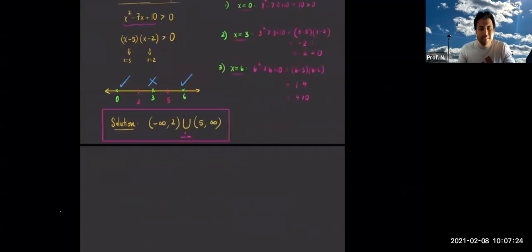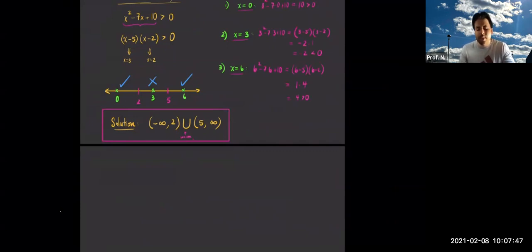When do you use the upside down U? Saida, we use it when we have what's called an intersection. For the most part, in this class, we're not going to be using the upside down U as much. But it is good to know what that is. It's an intersection.